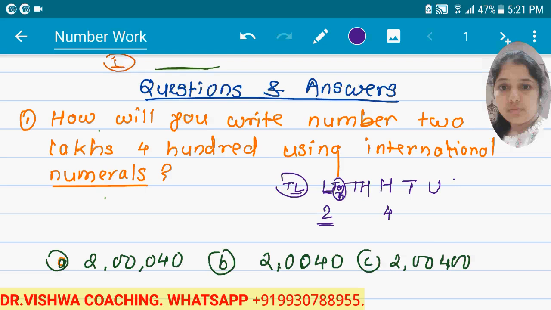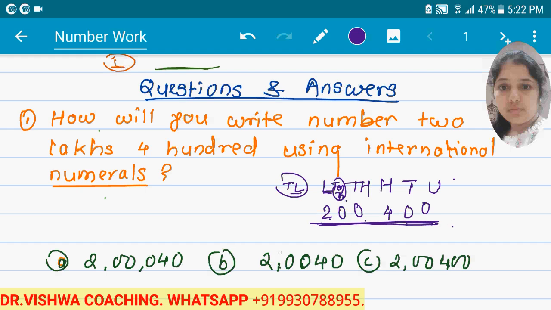Since there is nothing at the 10,000 position and nothing at the 1000 position, we put the digit 0. No number means 0. The tens and unit places also have no number, so we put the digit 0 there as well.